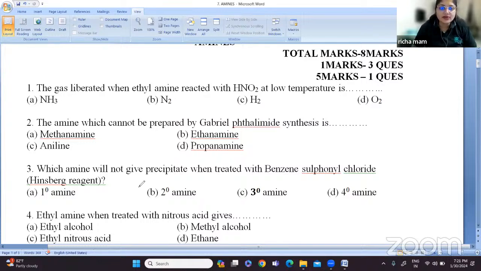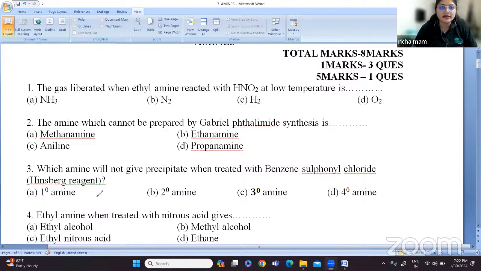Which amine will not give precipitate when treated with benzene sulfonyl chloride? Priyanka has answered it as C. Deepak has answered it as B. Vedvati has answered it as C. What is the correct answer?